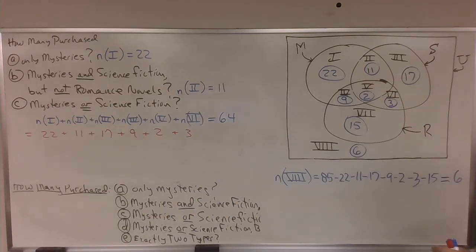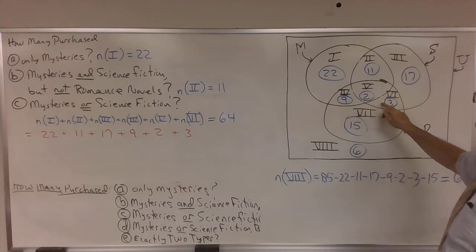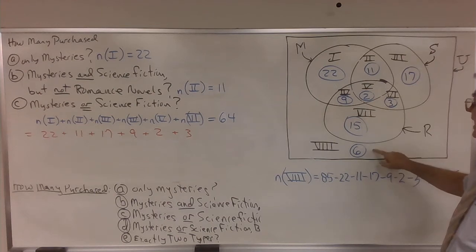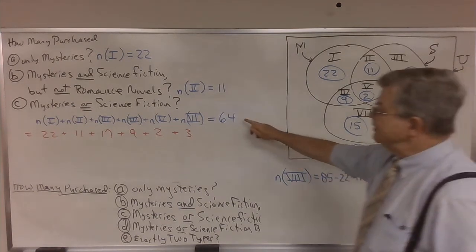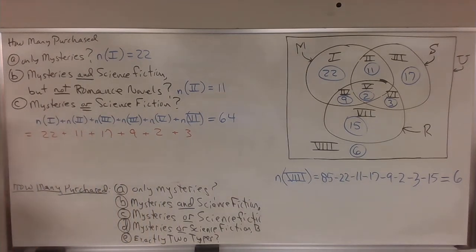So it's all of the people that are in regions 1, 2, 3, 4, 5, 6. In other words, it's everybody except those people that are in regions 7 and 8, and that's 21. We have 85 people total, minus these 21 will give us 64. Okay, things jive. D, mysteries or science fiction.